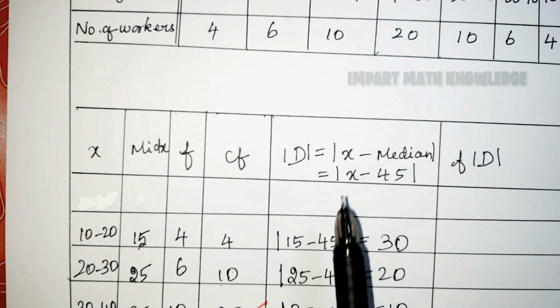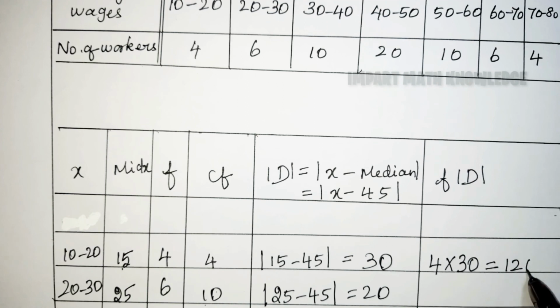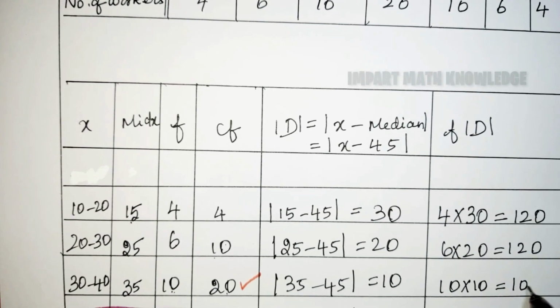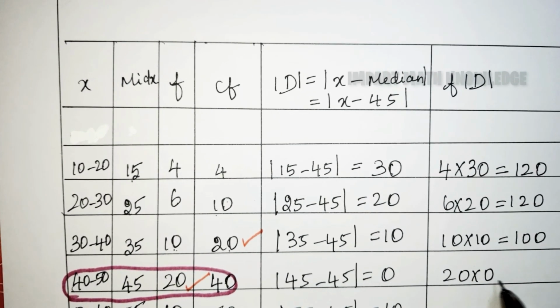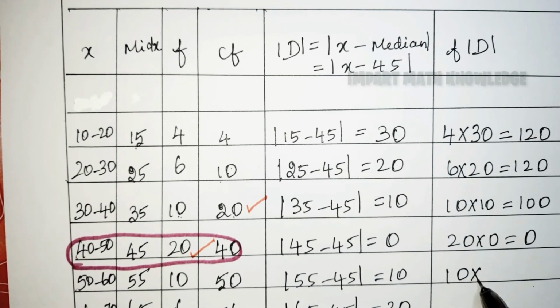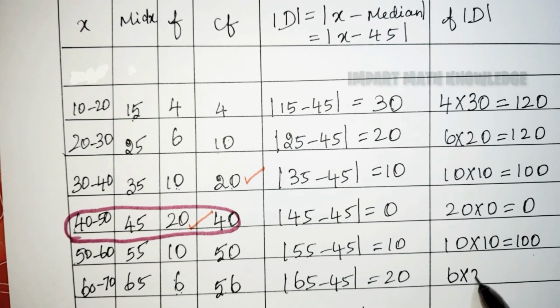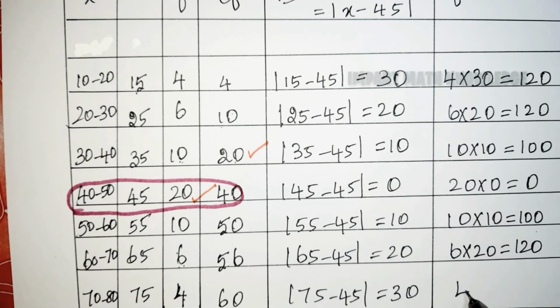Multiply frequency value with mod D. 4 into 30 is 120. 6 into 20 is 120. 10 into 10 is 100. 20 into 0 is 0. 10 into 10 is 100. 6 into 20 is 120. 4 into 30 is 120.